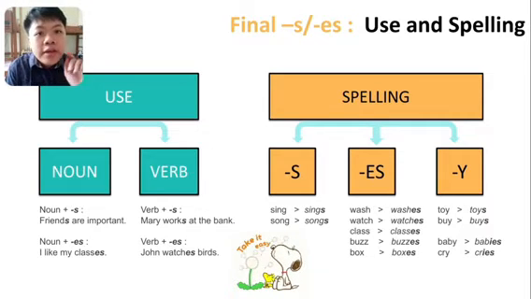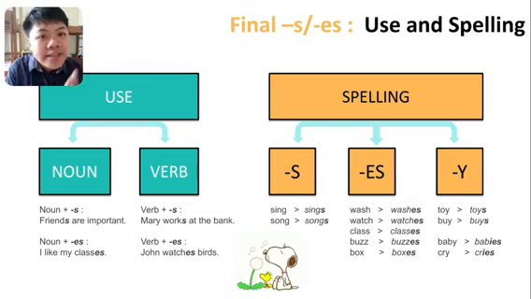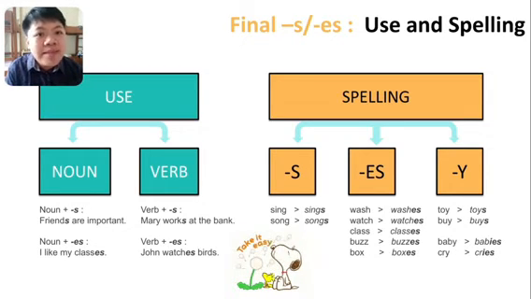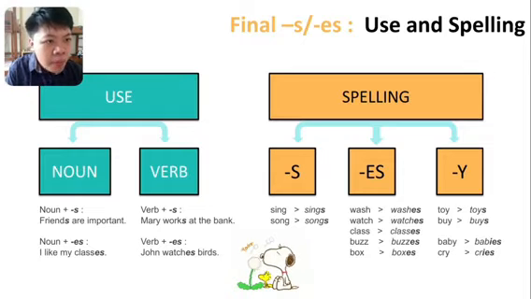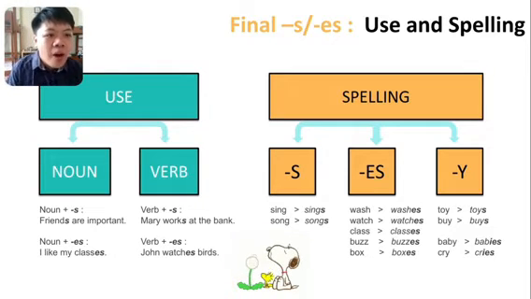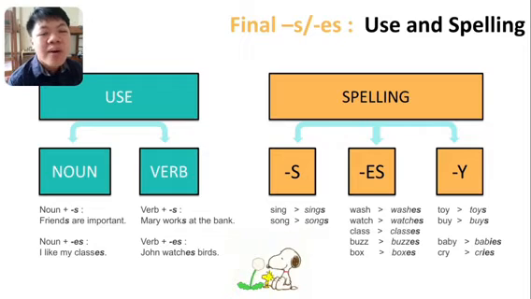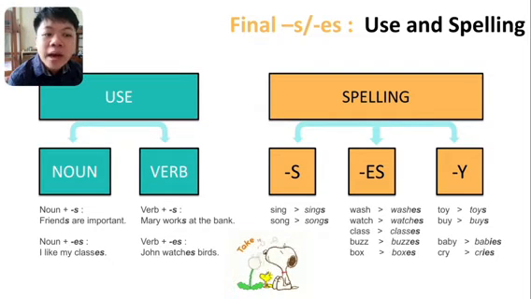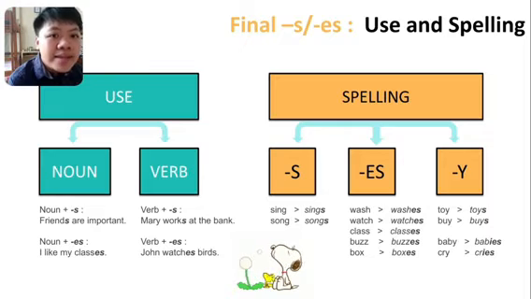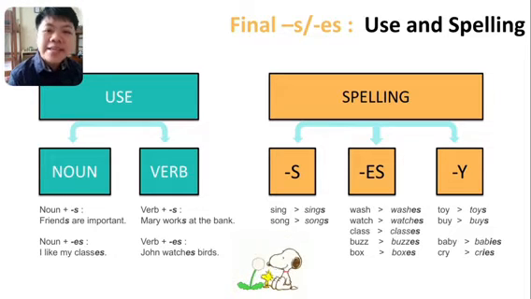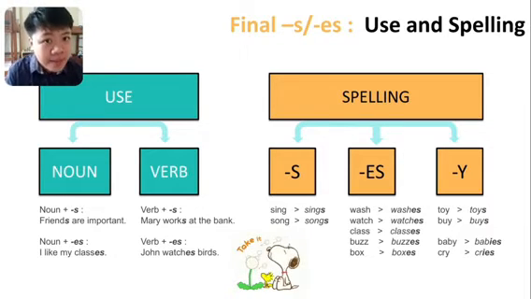So if before the letter Y is a vowel, you only add S. But how about baby and cry? Now before the letter Y, what is it? That is a consonant. So if it is a consonant, you have to change the Y to I plus ES. Okay, only that. It's simple, right?